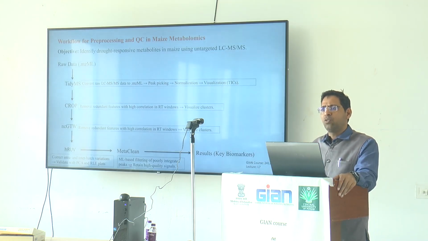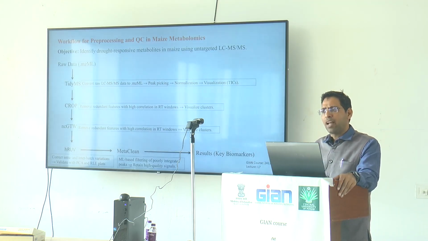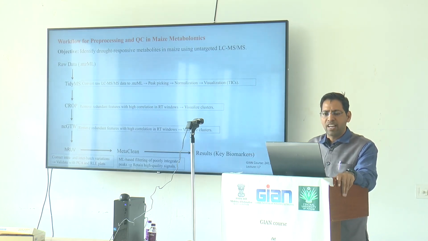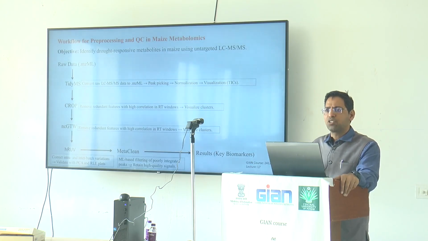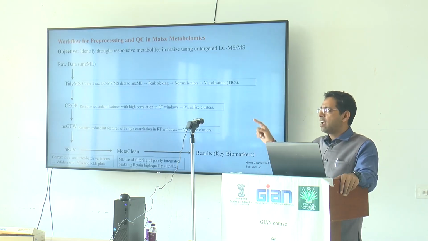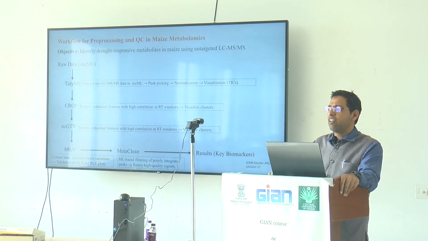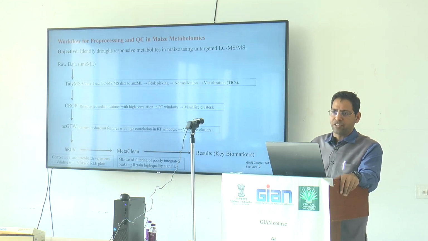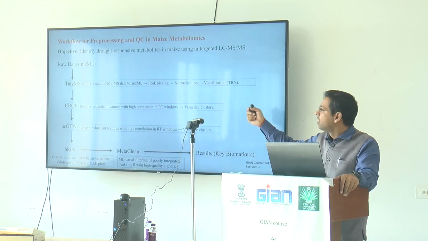For raw data, as I told you, .mzML is the raw data file extension, and we have to use the first software, that is TDMS. TDMS converts the raw LCMS data to the Z file. Then we align the peaks, normalization and visualization. So these are the things we are doing in TDMS.